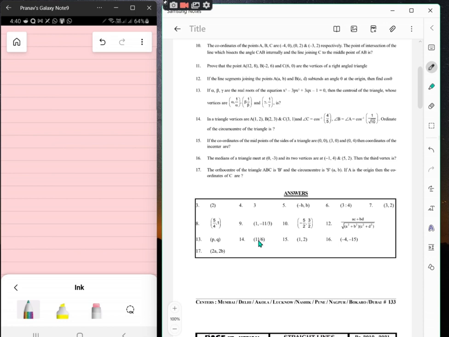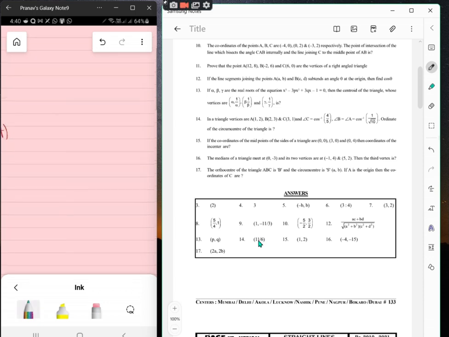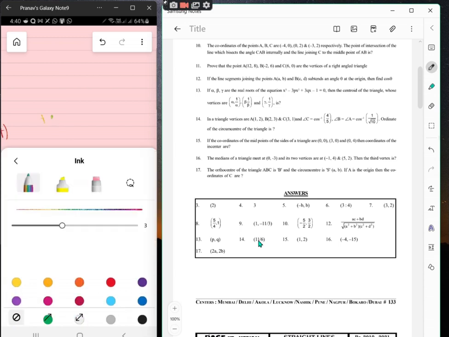Do you want to do question number 14 with this colorful ink? So you have been given ABC, and you know that angle B and angle A are equal. Okay, this ink is very annoying.